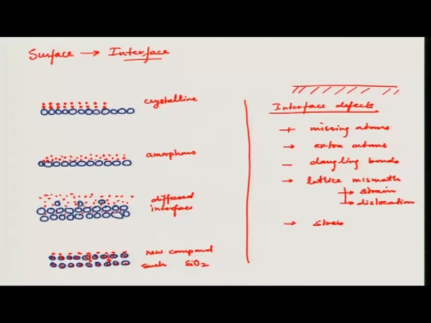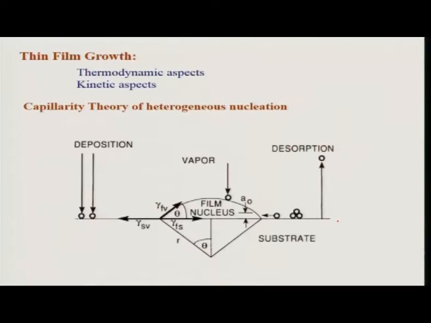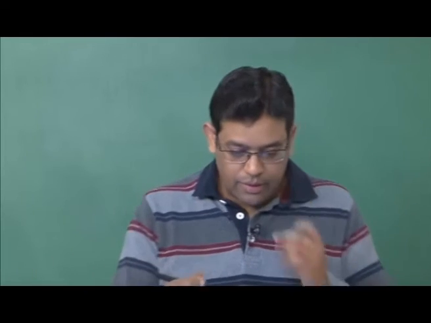Okay. Now, this is about interfaces. Now, we will go into thin film growth. Our material has been adsorbed, it has created an interface. Now, it has to form a bond and really start to grow to form a thin film. Okay. So, while discussing thin film growth, we will discuss two different aspects.